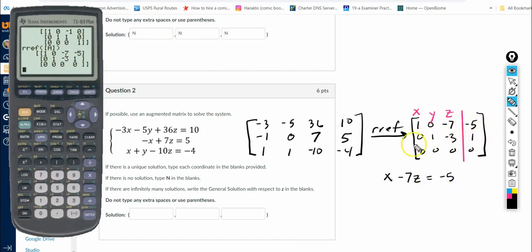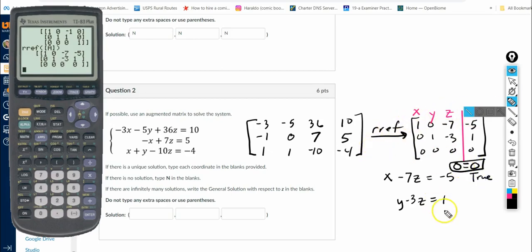The second row of this matrix gives me the equation 0 times x plus 1 times y minus 3 times z is equal to 1. And the last row gives me 0 times x plus 0 times y plus 0 times z equals 0. Now, this is a true statement, but it's no help.